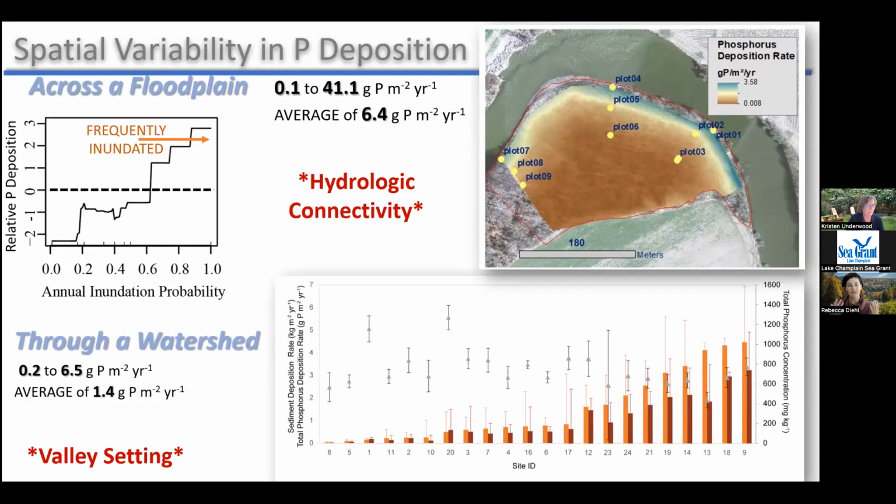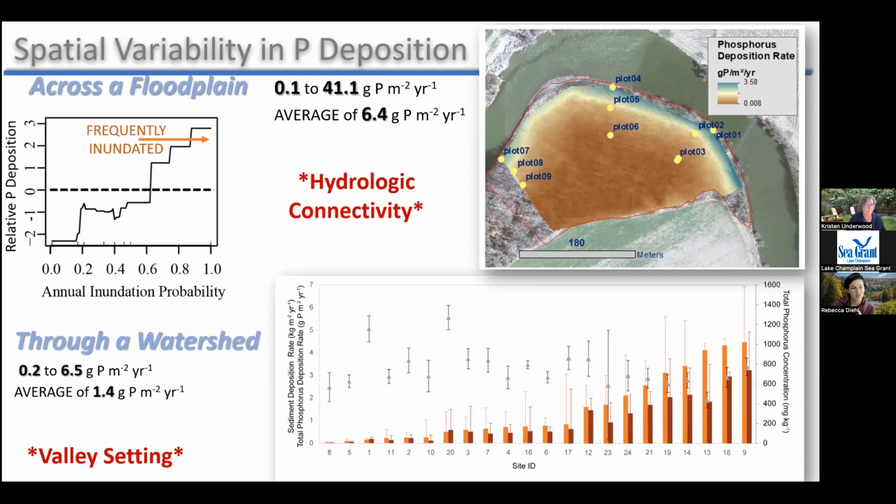We then take that to the next scale and look at deposition rates on a floodplain. So now we're looking at an average deposition rate at a given site. For our 20 sites that we've been monitoring, we still see a good bit of variability. That variability is reduced now because we're averaging out across these plots. So now we're at 0.2 to 6.5 grams of phosphorus per square meter per year.